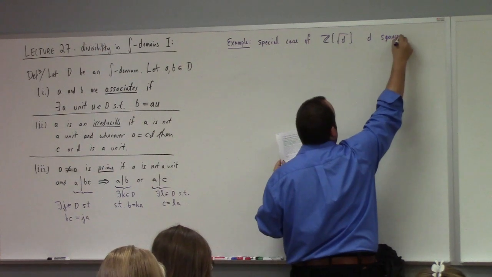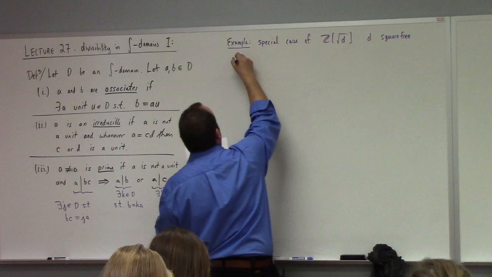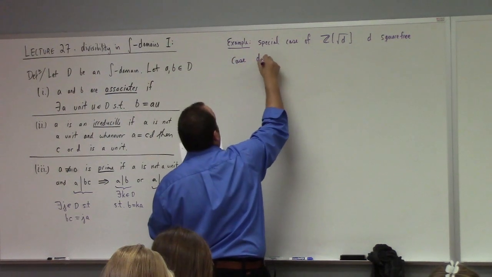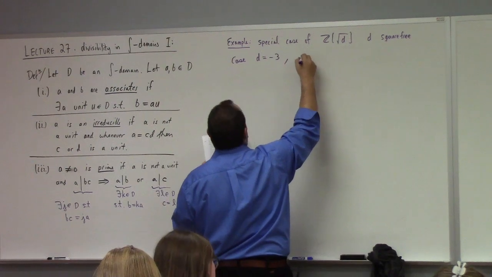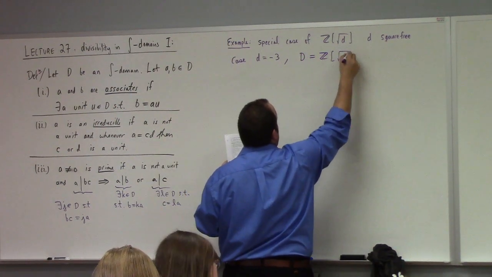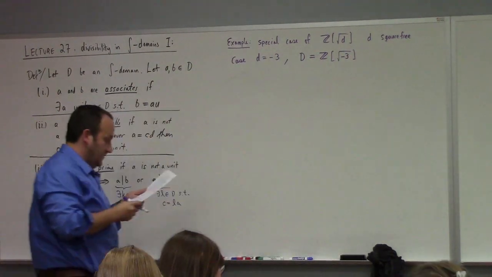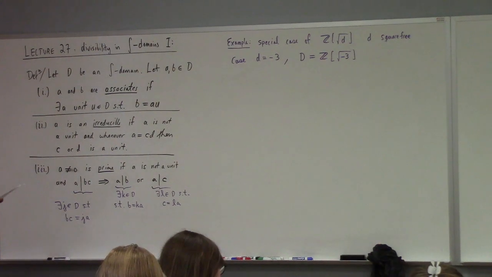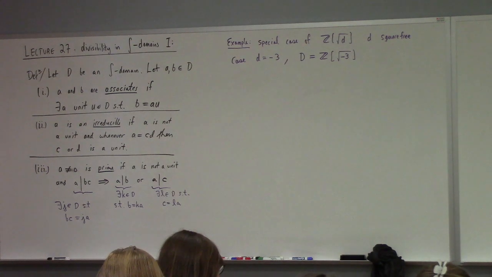A lot of our examples come from things like this. We'll look at the case D equals minus 3 for this example. So our integral domain is D equal to Z adjoin the square root of minus 3. You could view this as a subring of the complex numbers, if you wanted to.